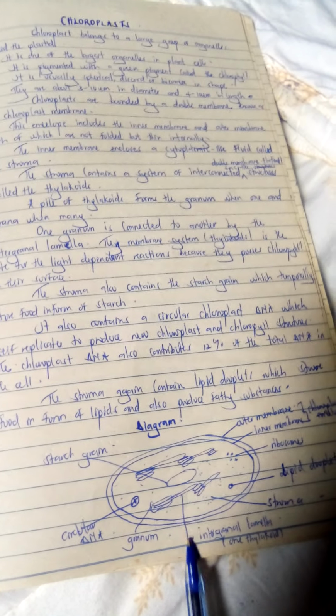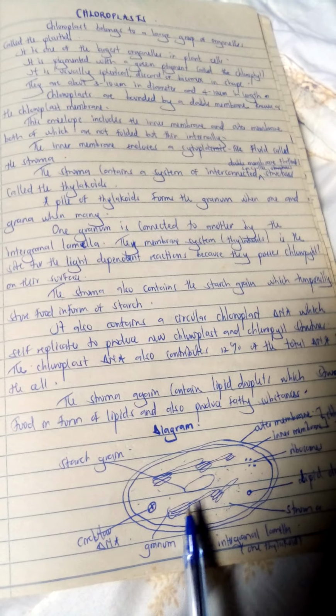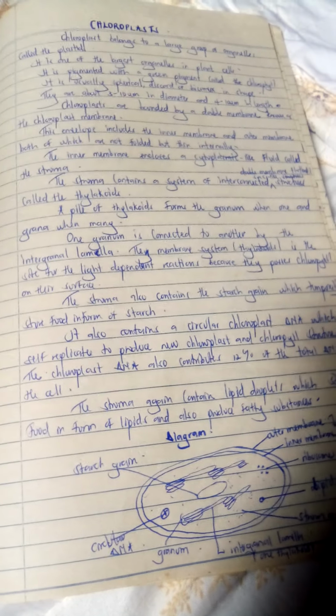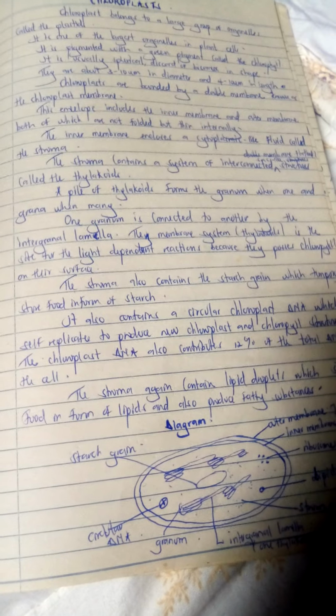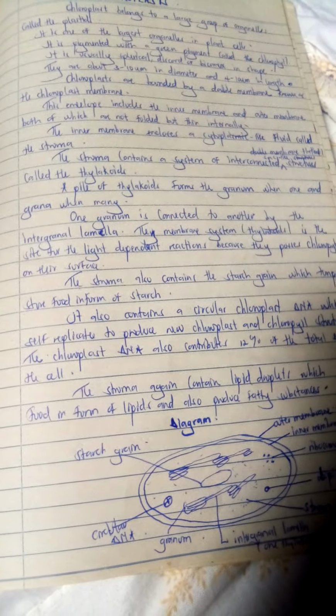The membrane system, meaning the thylakoids, is the site for light-dependent reactions because they possess chlorophyll in their structure.